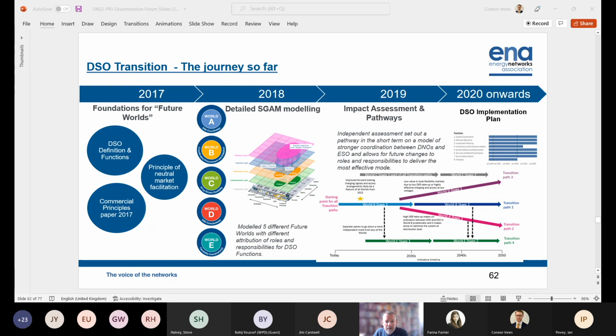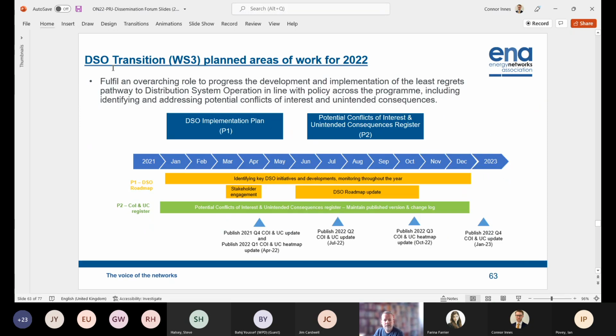And since then we've been progressing that and moving that forward, and we've been pleased to see much of the work that we've done over that period inform the baseline expectations from Ofgem for DSO in ED2. So the role of Workstream 3 has been to monitor the implementation of those elements that we identified. If we move to the next slide, Connor.